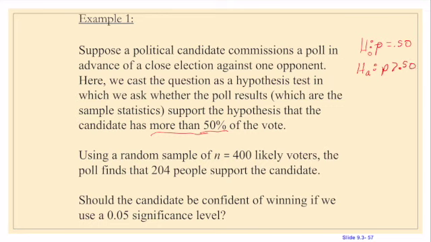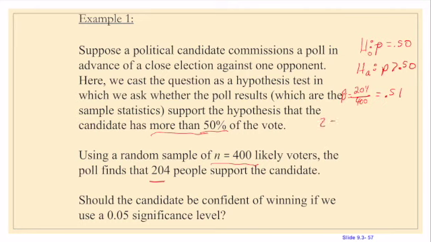My sample size is 400, and out of the 400 voters, 204 people said they're likely to support the candidate. So I'm going to take 204 divided by 400, and that gives me my p hat, which is 0.51. So now I find my Z-score.